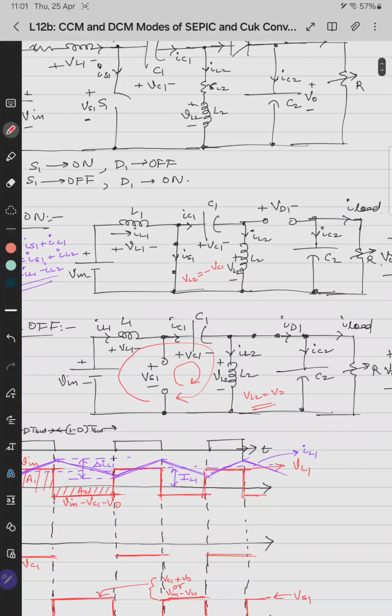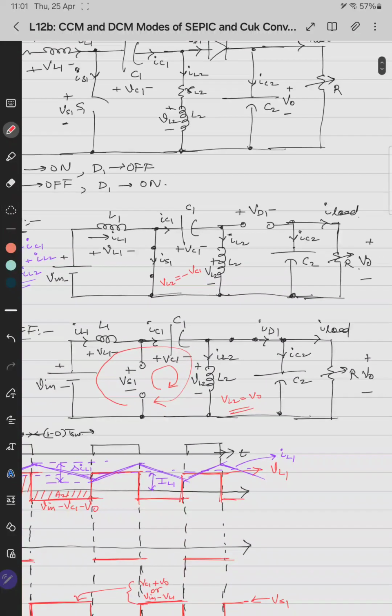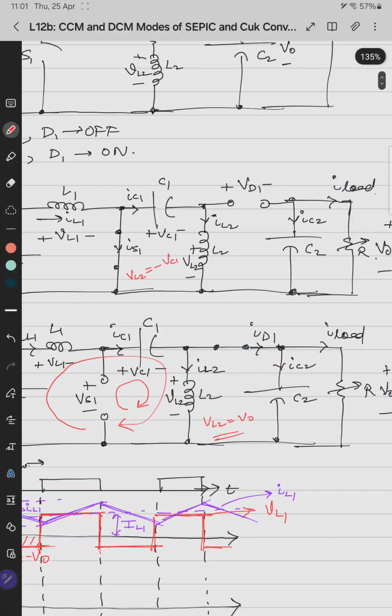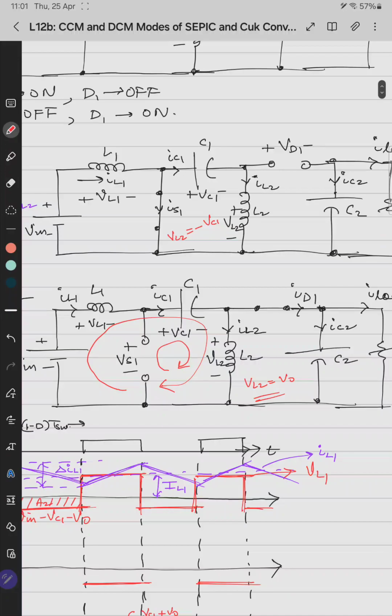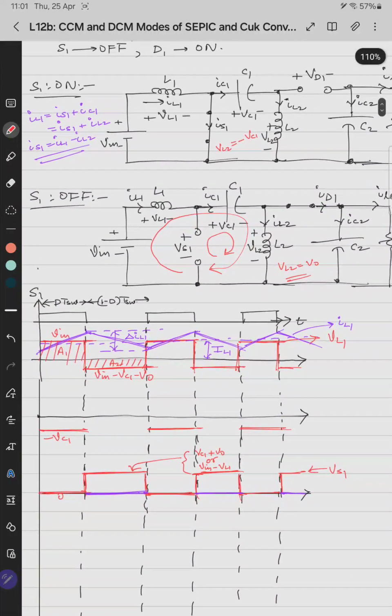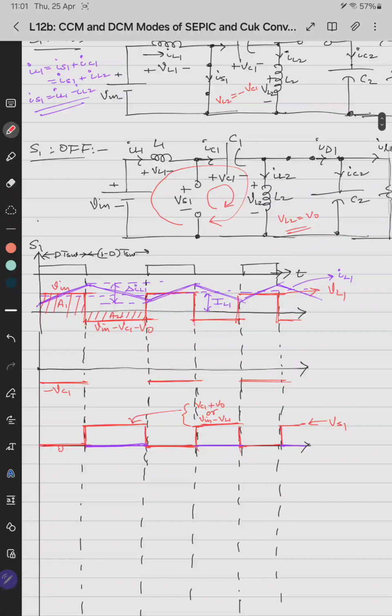In this case, Vin equals VL1 and Vc1 equals VL2. And as this diode is reverse biased, we can't express VL2 in terms of V naught. So VL2 is minus Vc1, only this we can express. So VL2 is V naught, plus V naught. So this is V naught. This is the waveform of VL2.